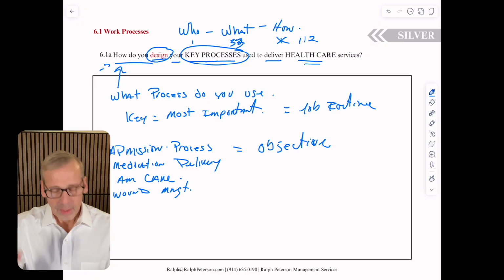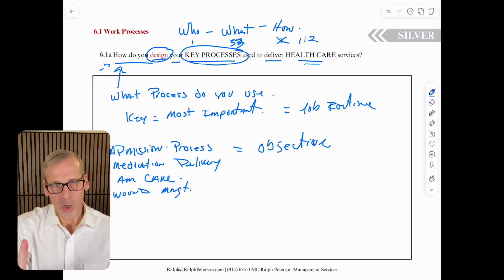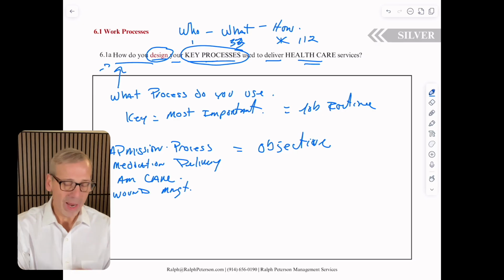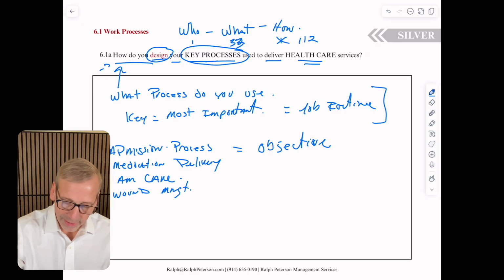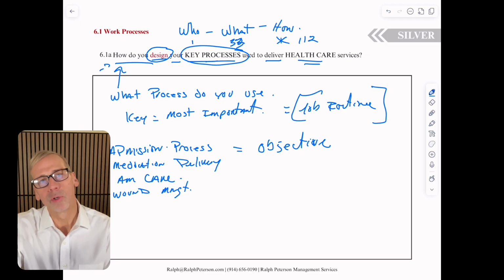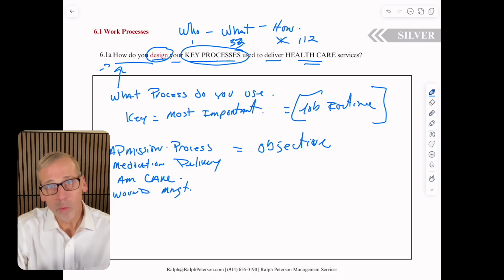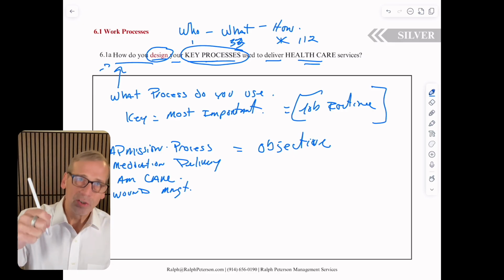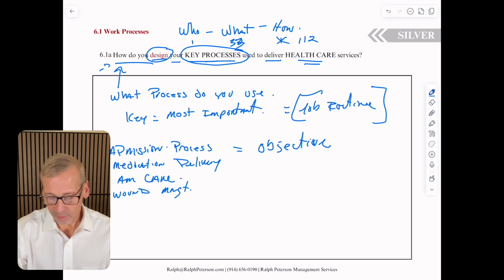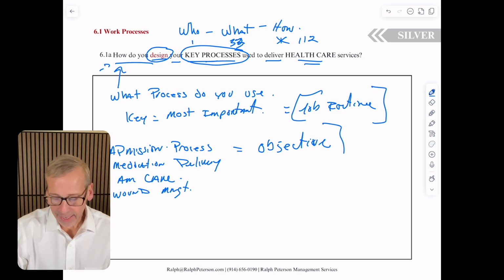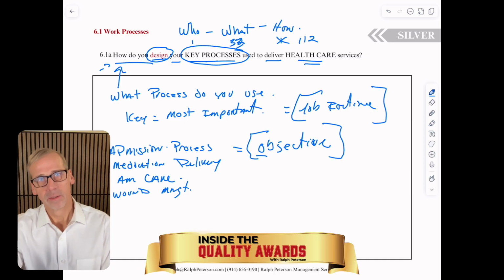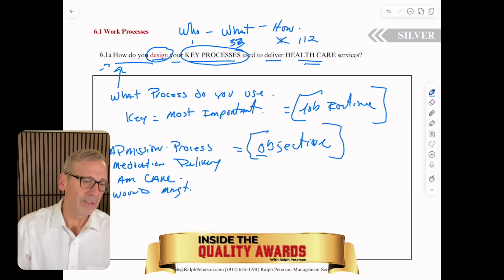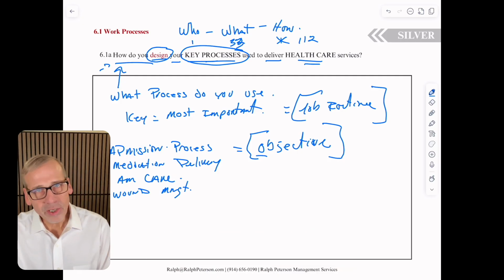So the first thing that I want you to know, or to identify, is when we're asking you about your key processes, what we're really talking about are your most important job routines that you use to deliver healthcare services. Every one of those job routines has or is made up of a key objective. There is a meaningful point to the job routine. We're not just going through the motions of admission.